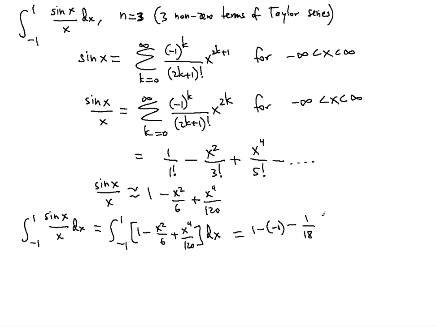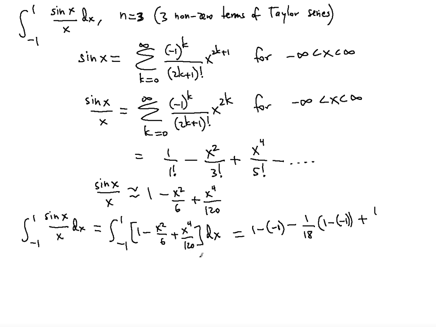So you will have 1 to the third minus negative 1 to the third, which is the same as 1 minus negative 1 as before. And then plus 1 over 120 will be multiplied by 5 because the power of 5 will also be the denominator.